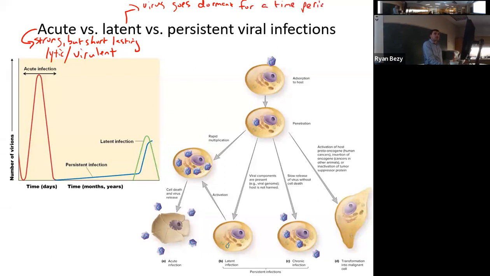What kind of viruses would be causing more latent infections? Chickenpox would be an example of one that can have a latency stage to it. Lysogenic, yeah. And what's the term for lysogenic viruses? Not virulent viruses, but the other one, temperate.